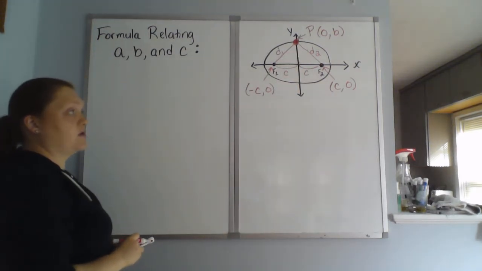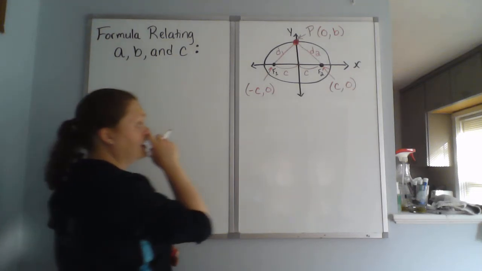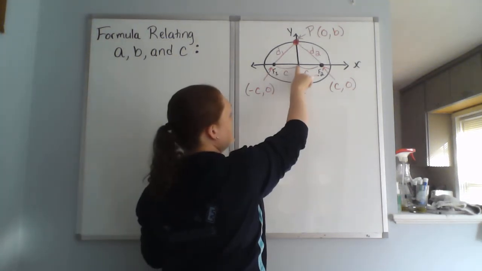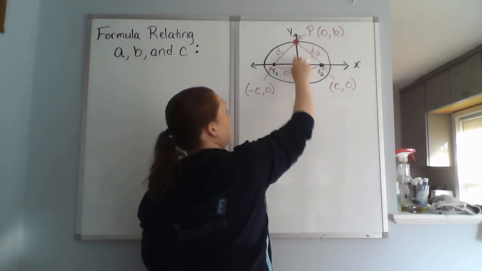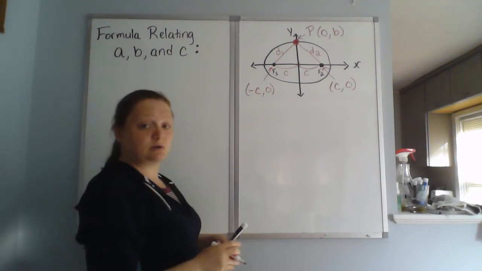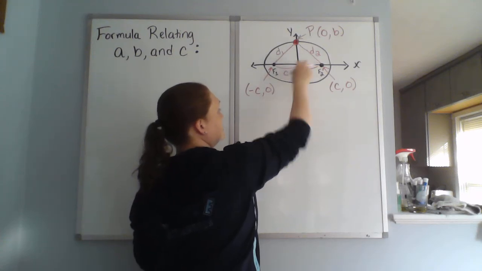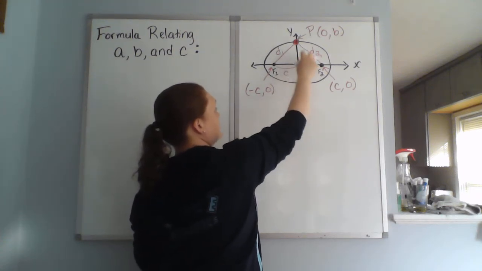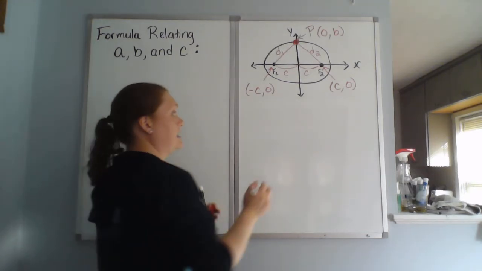Those distances are going to have to be equal to each other for this particular setup because this is c and this is b, this is c and this is b. These are similar triangles, okay? Actually, they're congruent triangles because they have two sides that are the same and it's a right triangle. So this is side, angle, side, side, angle, side. These are congruent triangles by side-angle-side, okay?